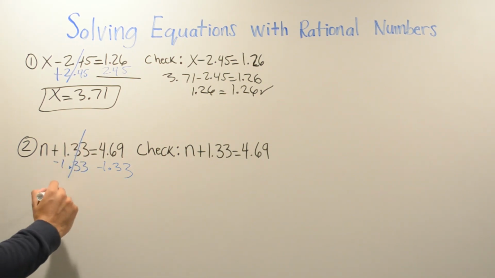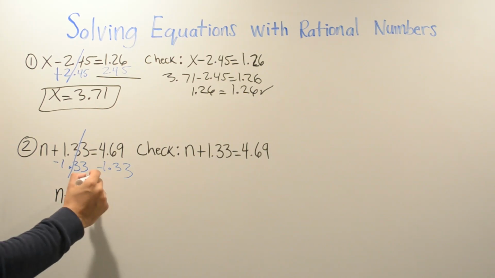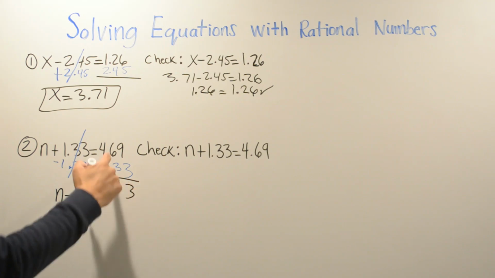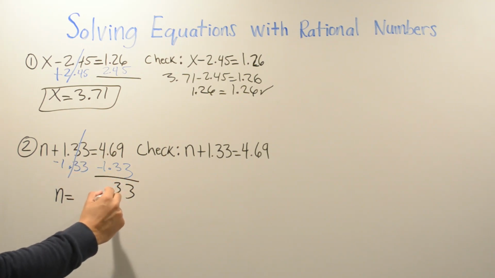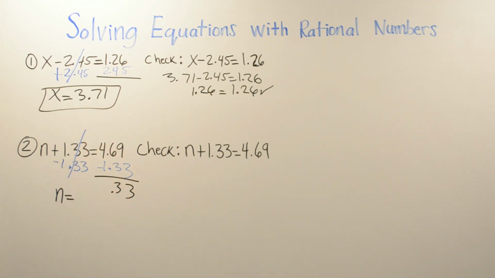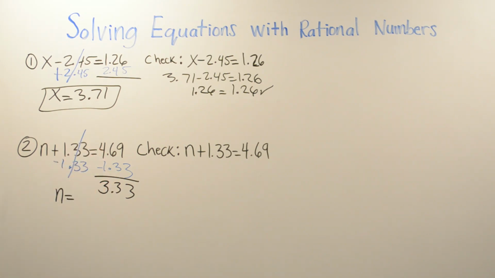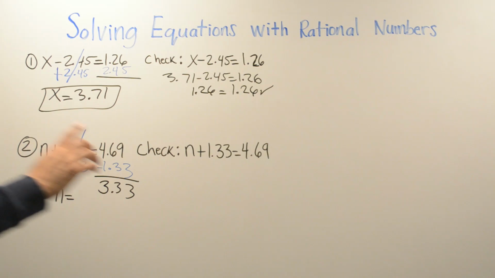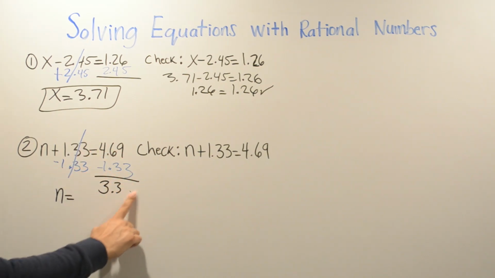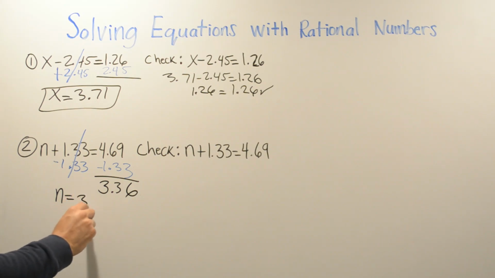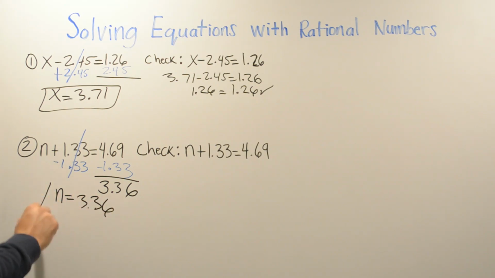So now we have n equals, and you can go ahead and subtract. 9 minus 3 is 6, 6 minus 3 is 3, point, don't forget to bring down your decimal point, and 4 minus 1 is 3. So our answer is going to be 3.36.